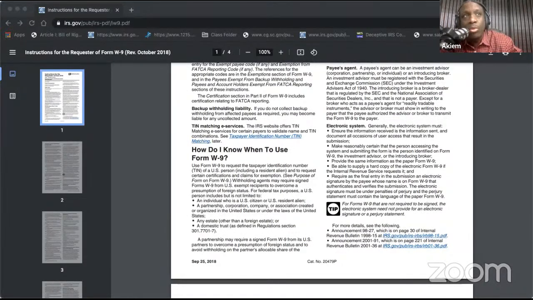See purpose of form or Form W-9. Withholding agents may require signed Forms W-9 from U.S. exempt recipients to overcome a presumption of foreign status. That's the big word here. It says overcome right here. Overcome.